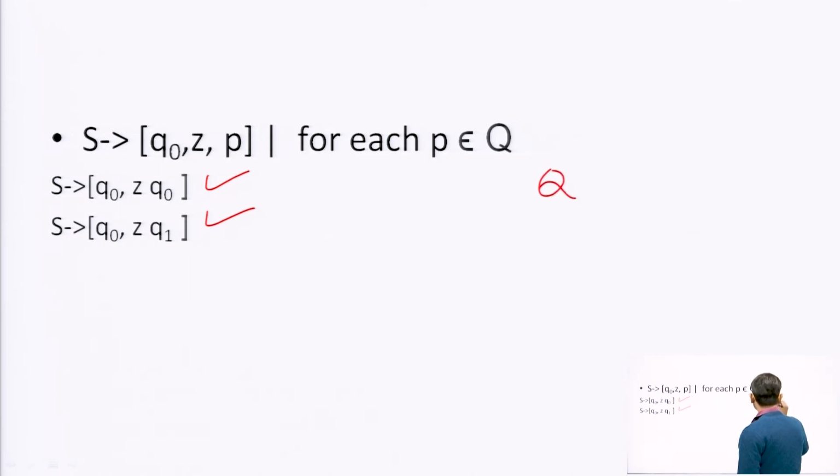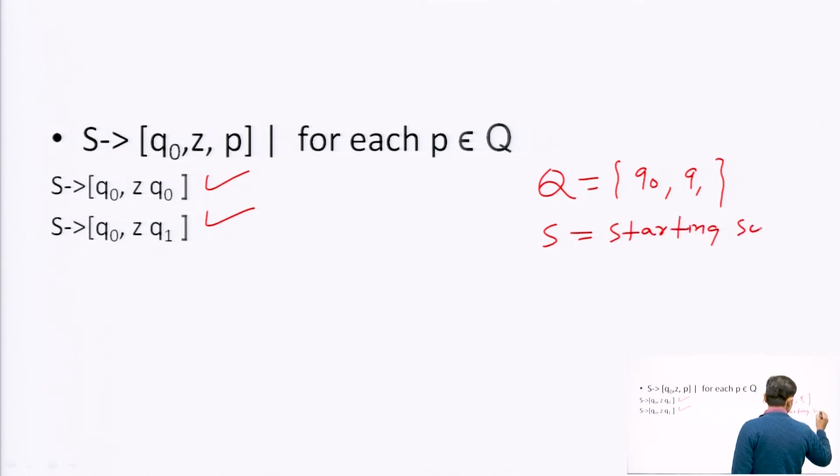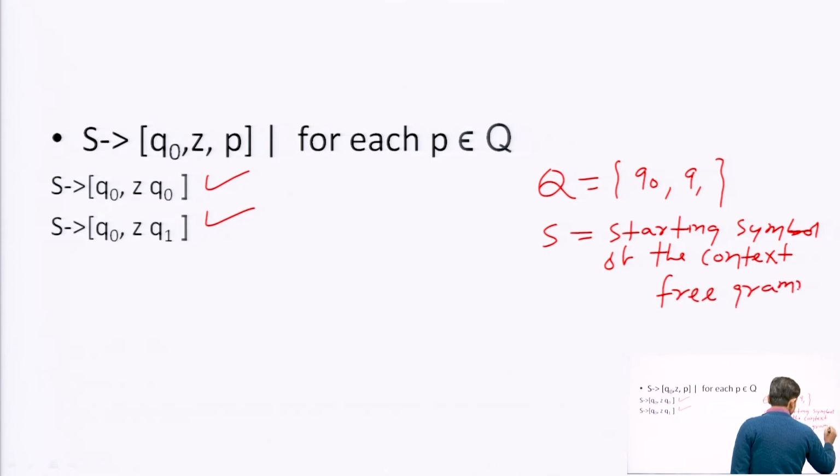Capital Q is {Q0, Q1}, and S is the starting symbol of the context free grammar. These are the starting rules to derive the productions from a push down automata.